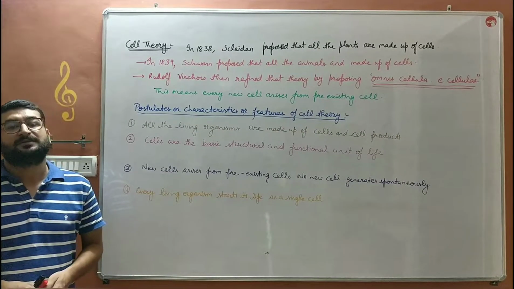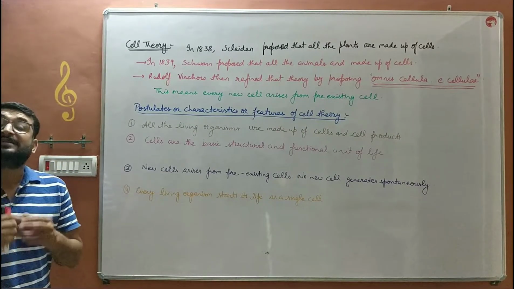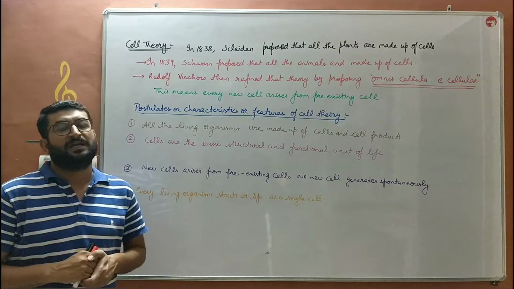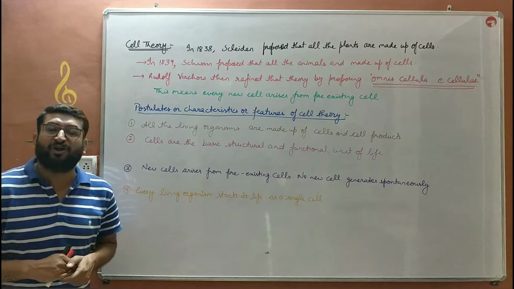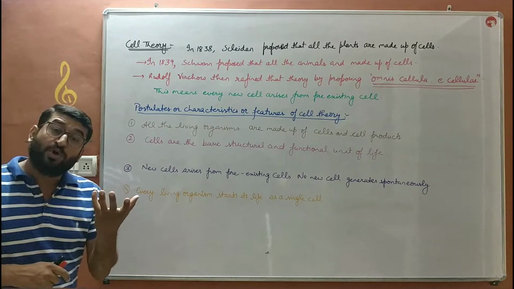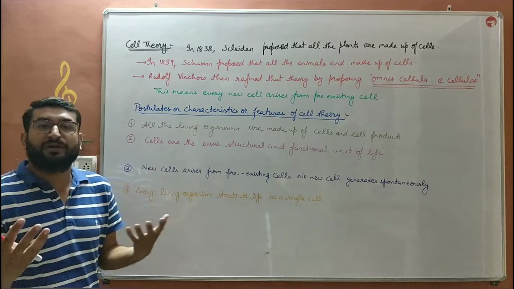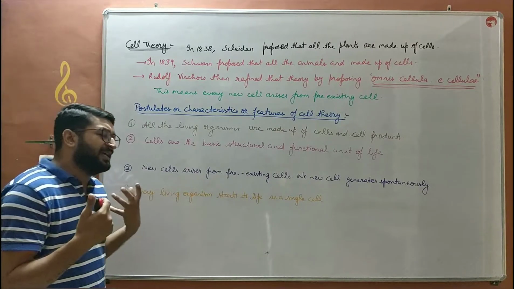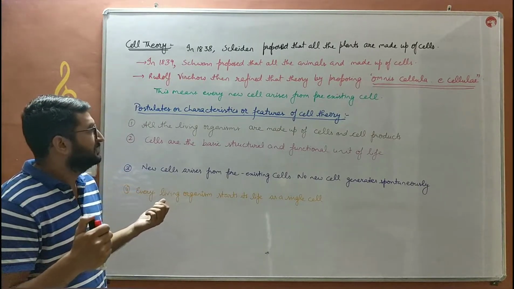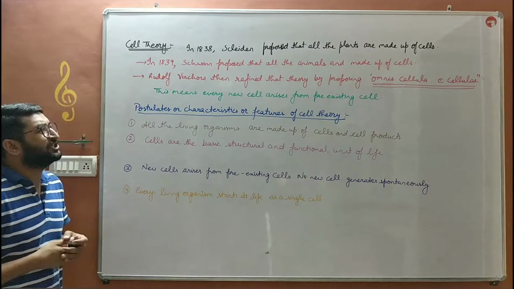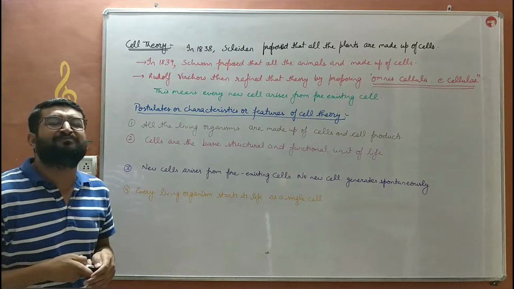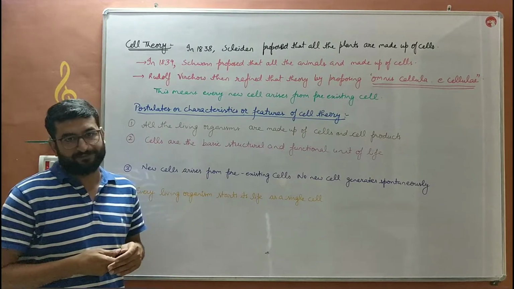Next topic which we have to discuss is cell theory. There were two German scientists, biologists, who proposed the cell theory. What is cell theory? First scientist was Schleiden. In 1838, Schleiden proposed that all the plants are made up of cells.